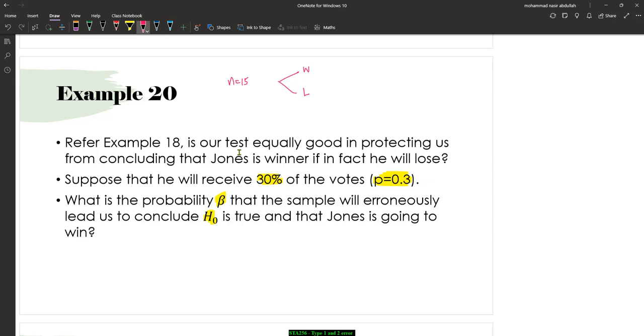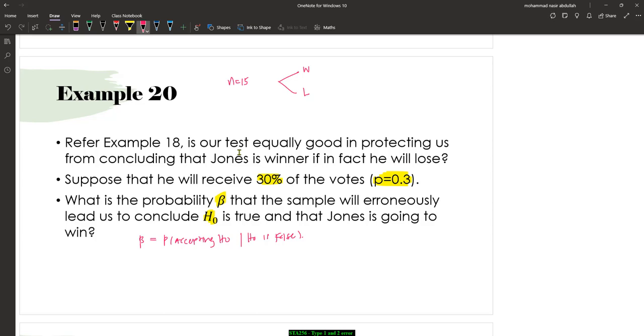So which is type 2 error. We want to know what is the probability of committing type 2 error. So let's define the type 2 error, which is probability of accepting null hypothesis when null hypothesis is false, right?